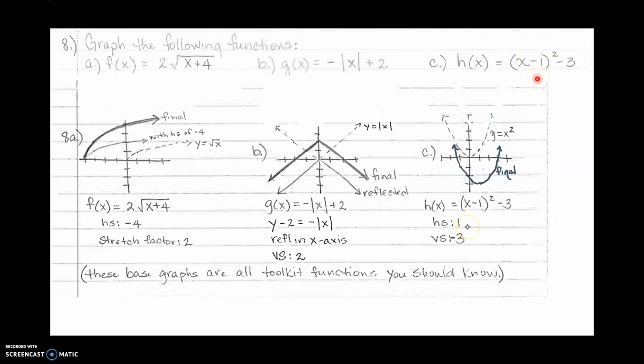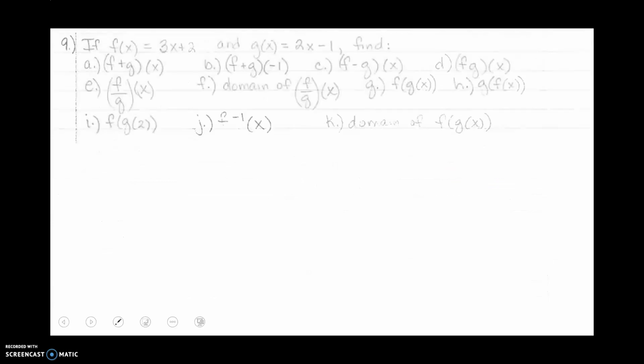So that's a horizontal shift of +1. So we're going to take our original toolkit function, y equals x squared, and we're going to go over a +1 to the right, and then we're going to go down -3. And so from right there, then we'll just draw the exact same graph, and that would be our final answer.